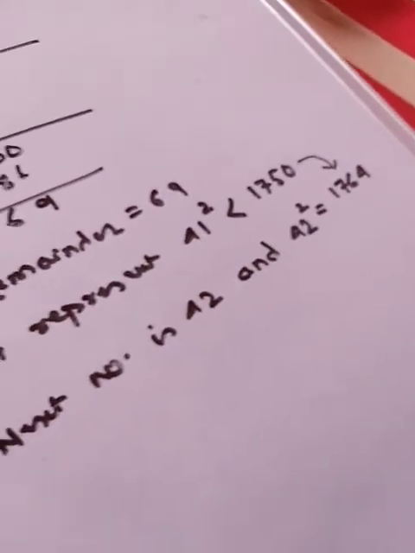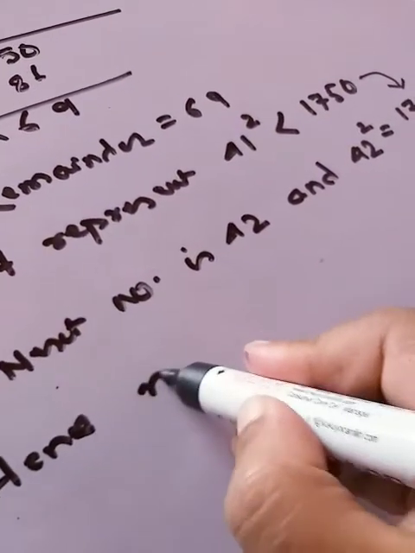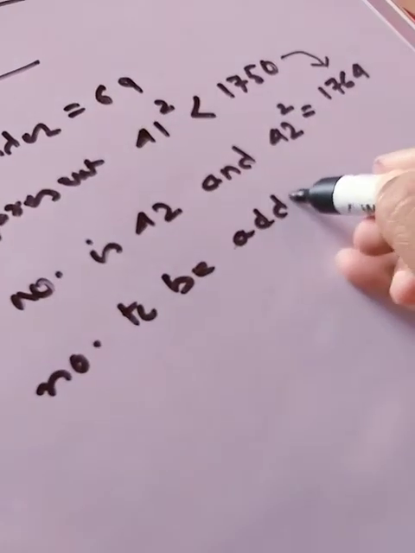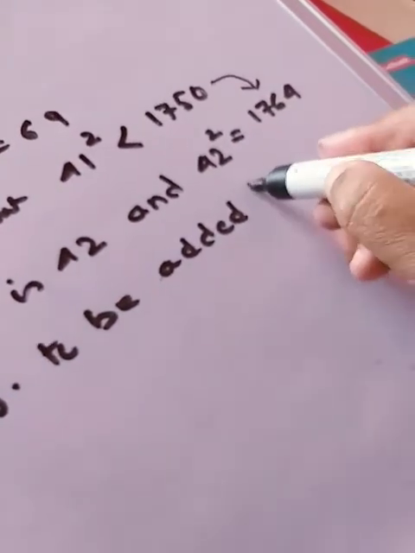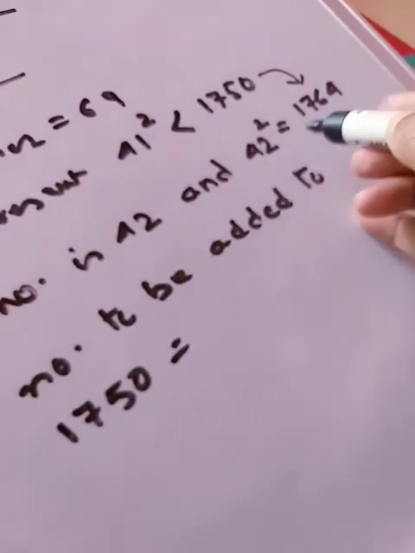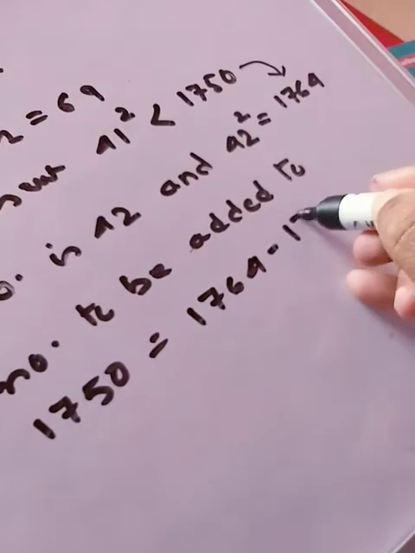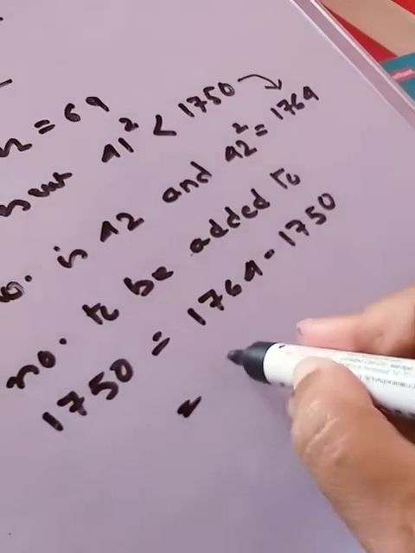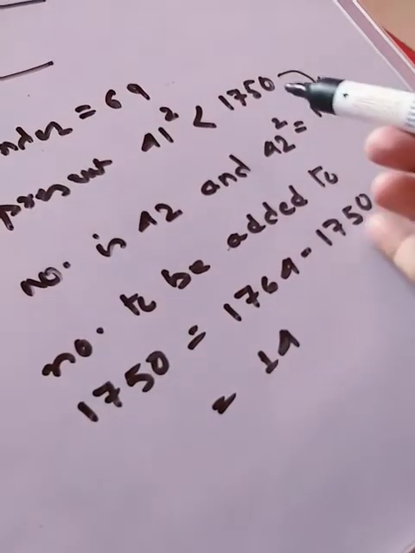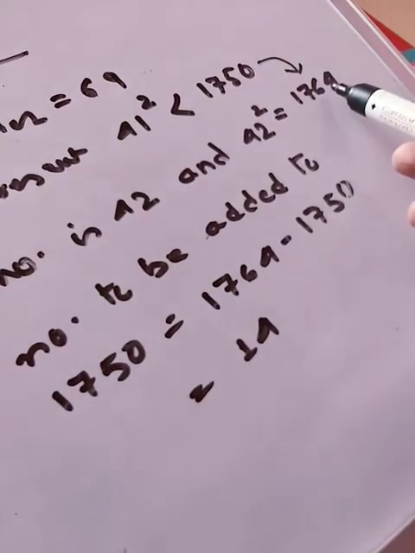Okay, so hence the number to be added to 1750 is this number minus this number. That is 1764 minus 1750. The answer is what? 14, isn't it? Therefore, if you add 14 to 1750, it will bring 1764, which is a perfect square number.